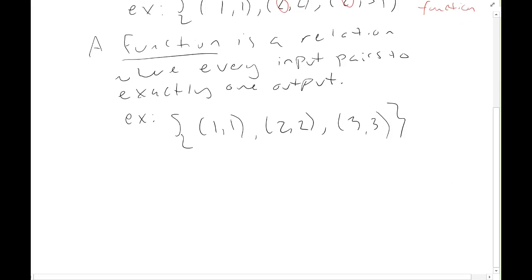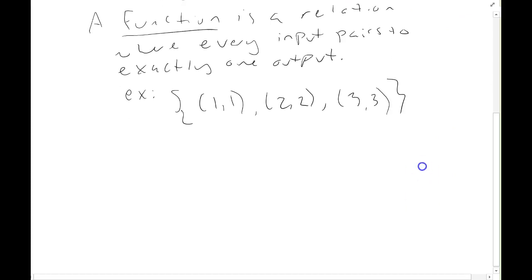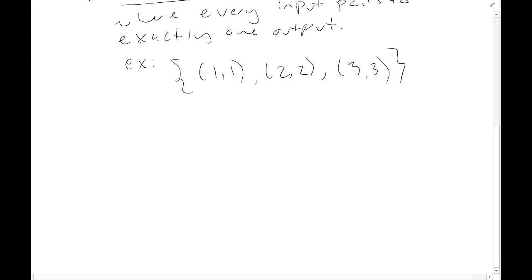So what we want to do now is talk about an inverse. The inverse of a function or inverse of a relation is basically a map that takes the outputs back to the inputs.